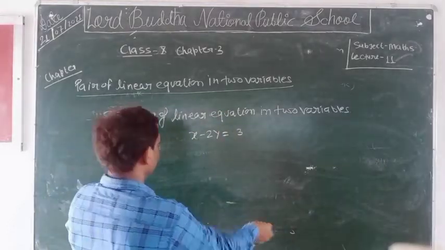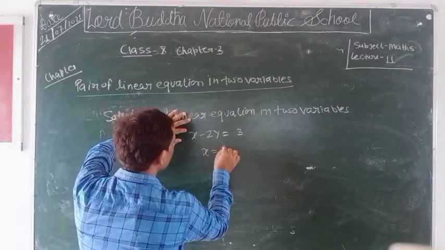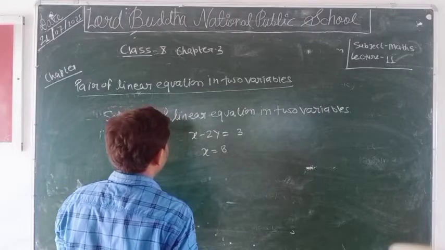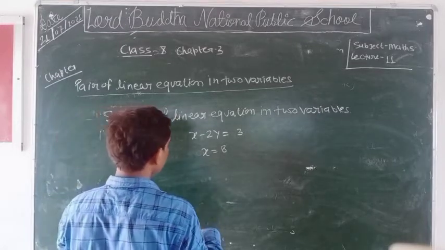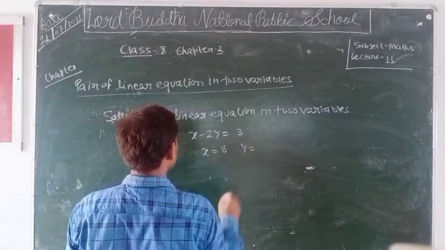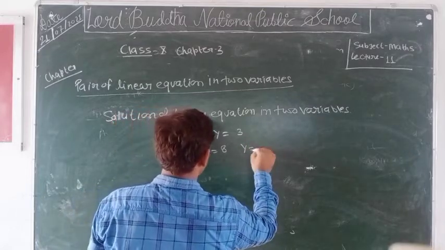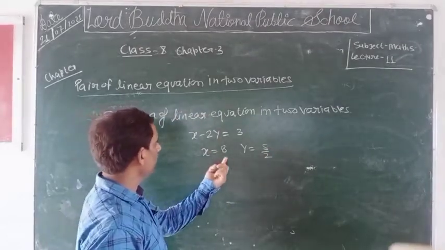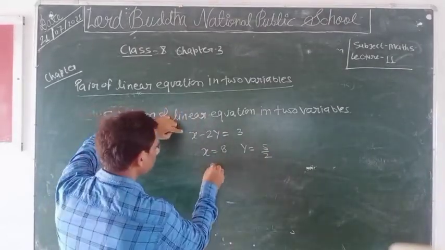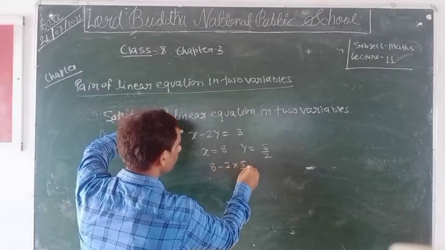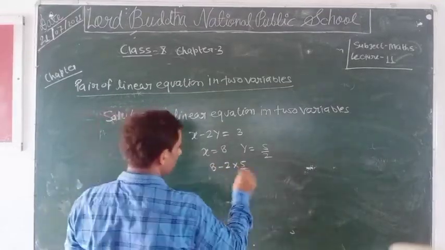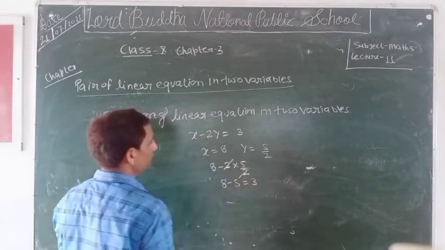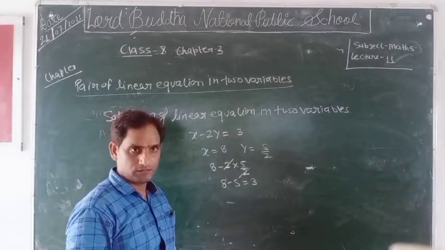As we know, if we take x equal to 8 and y equal to 5 by 2, then 8 minus 2 into 5 by 2, the 2 cancels out, 8 minus 5 equal to 3, which is equal to the right hand side.